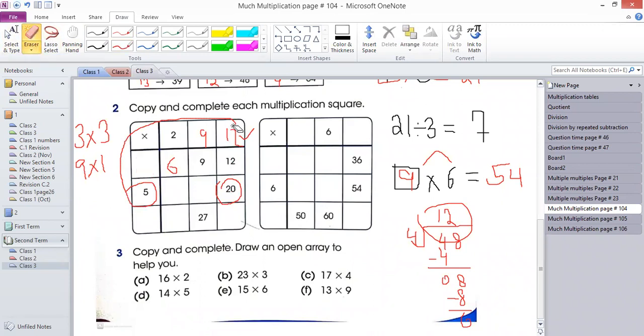But if I go with 3 multiplied by 3, it will be 3 and 3, and 3 4s are 12 and 5 4s are also 20. That's why I go here with the combination of 3 multiplied by 3. Is it clear, guys?